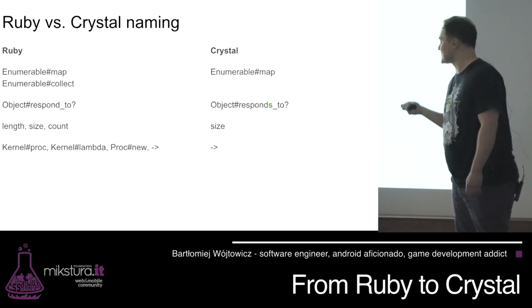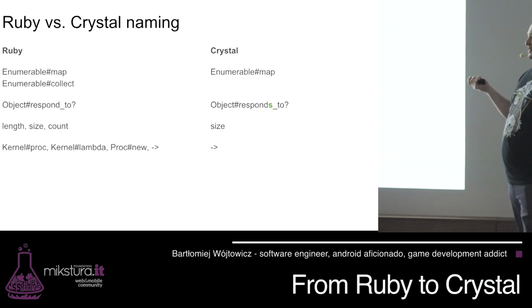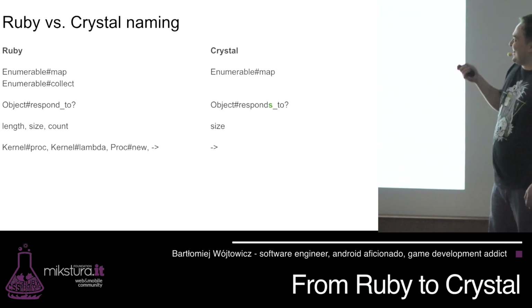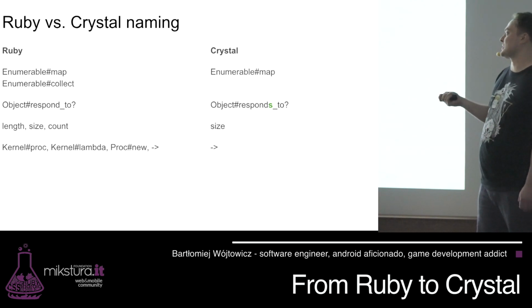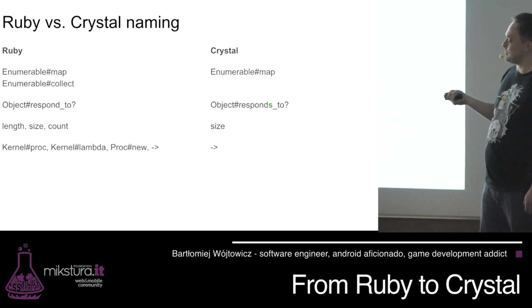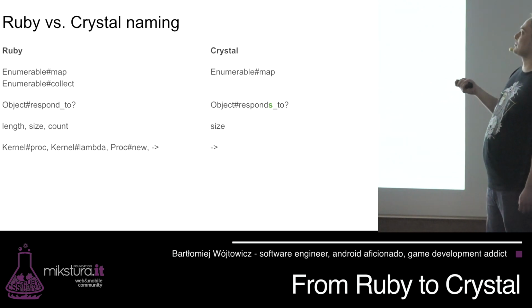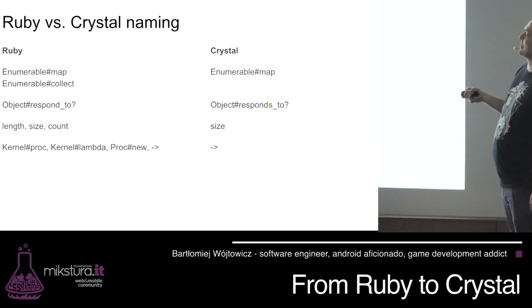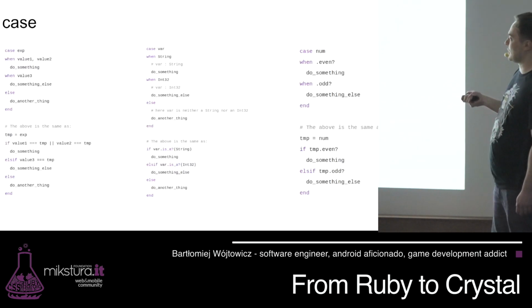So again, it's much better. It's proper English actually. Okay, so again, there are three. For some classes, this might mean something else, but usually it's the same in Ruby. So in Crystal, there's only one size. And then again, there are multiple ways of doing lambda in Ruby. In Crystal, there is only one.